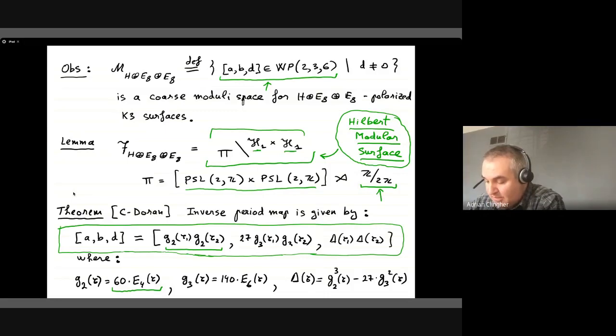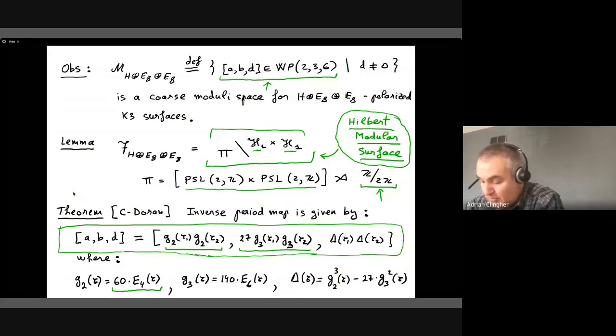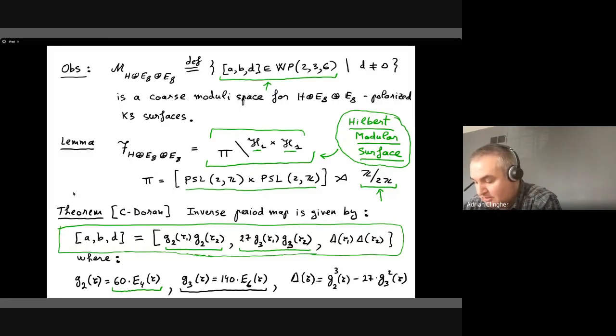Then B is given by 27 G3 of tau 1 times G3 of tau 2, where G3 is again the classical function 140 times the Eisenstein series E6. And finally, D is the product of the two discriminants, again the classical delta functions, delta of tau 1 times delta of tau 2.